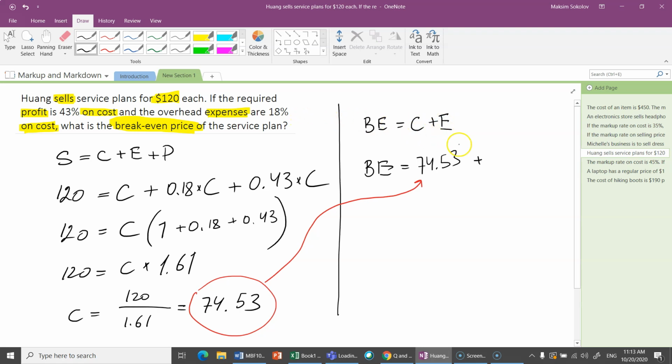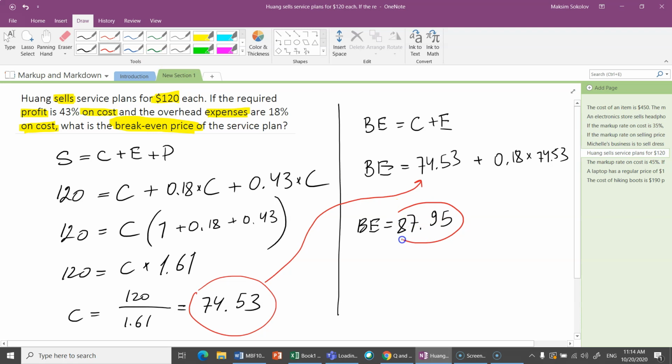An expense is 18% on cost. 0.18 times cost, which is the same thing, 74.53. Break-even price therefore is 87.95. Thus, we have answered the question of the problem and we found break-even price, which is 87.95.